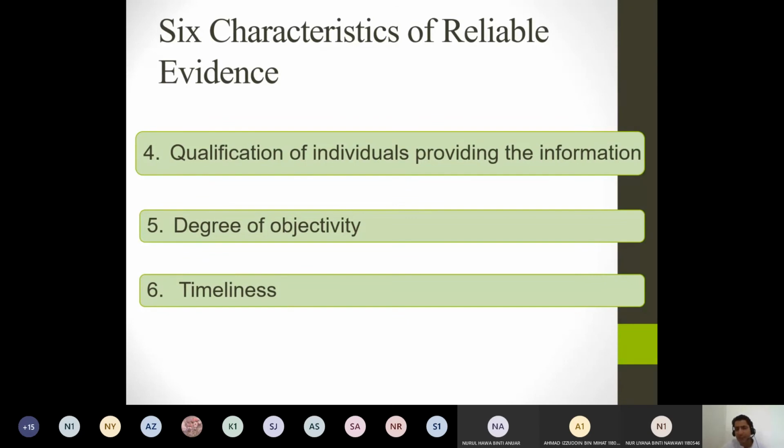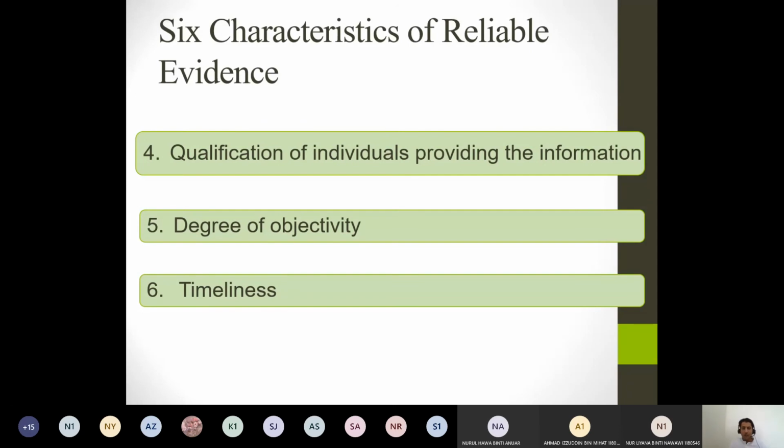We expect fewer errors, fewer mistakes, either intentional or, for sure, errors are about unintentional. And then number 5 is the degree of objectivity.